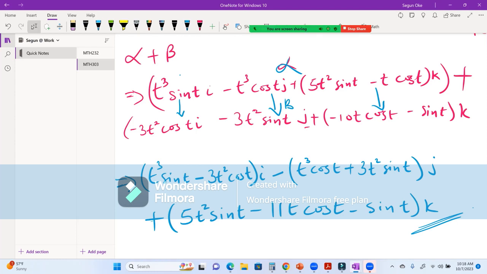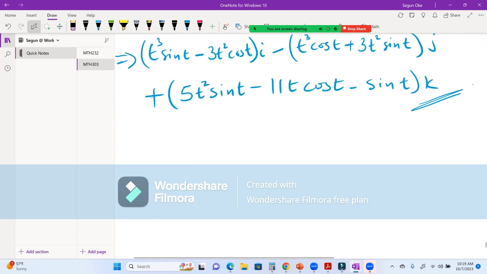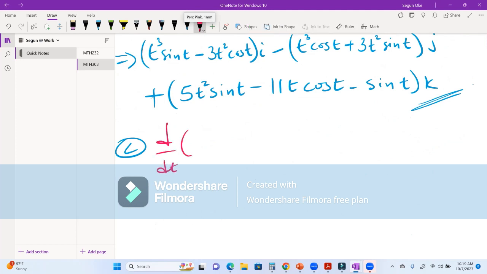So the C aspect of it says, d dt of A dot A is the same thing as what?